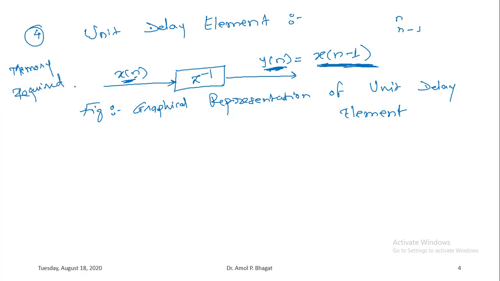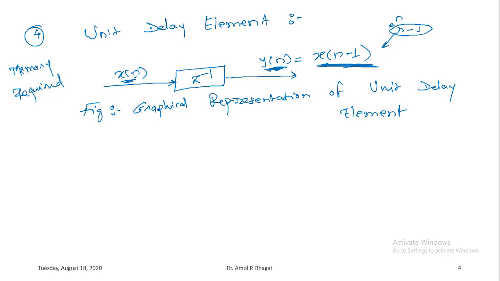It is not a memoryless operation. It requires memory because the output depends on previous inputs, that is x of n minus 1. So to identify the output of this unit delay element, the input at time instance n minus 1 will be recalled from the memory at time instance small n.